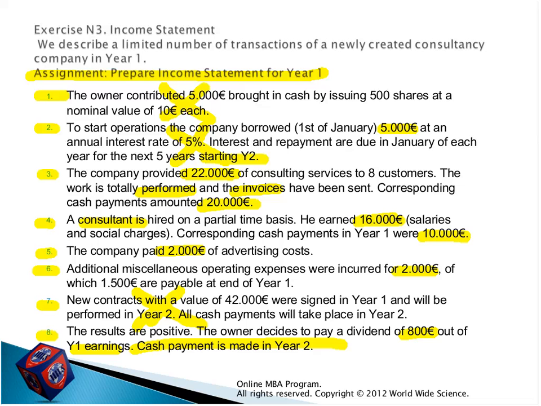As it is incurred already, since he decided already to pay, we have to show it in our income statement. The main point is that the 800 euro in dividends is generated from the revenue of the first year, from the 22,000 of consulting services. This is why we put the 800 in our income statement, we record it.